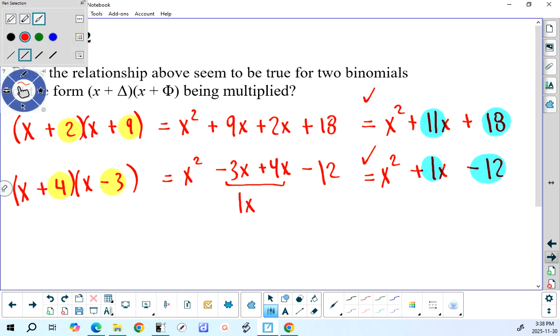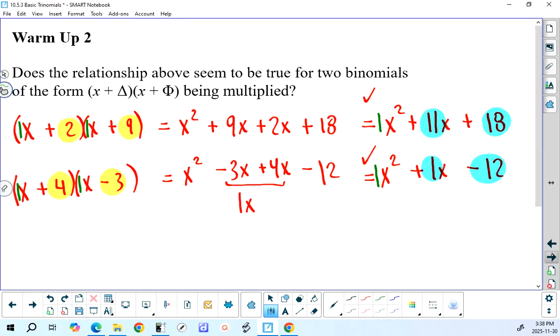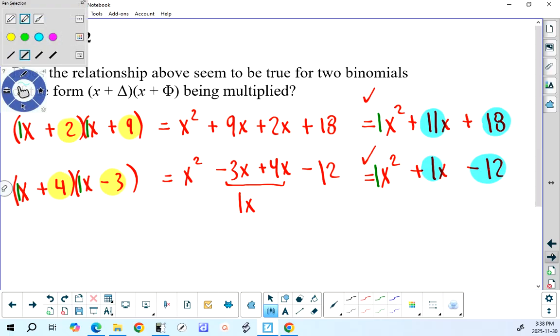One of the things is that we have to have 1x in all of these, and you have to get 1x squared. If it's not in this exact form, everyone, if it's not x plus something and x plus something, it won't work. If it's 2x plus something, it won't work.